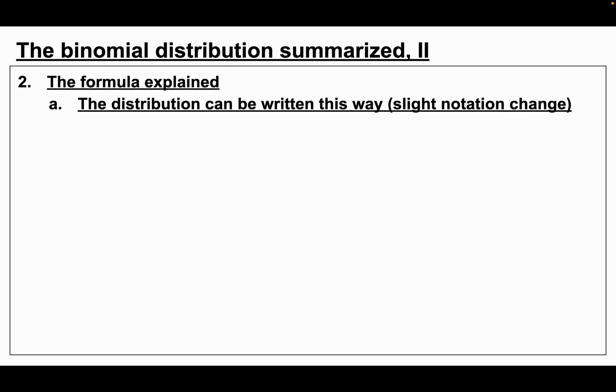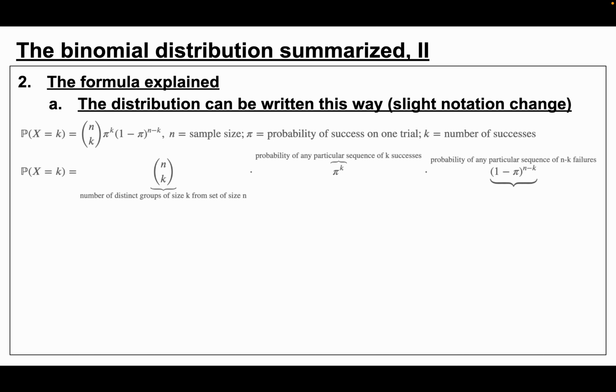So why is the formula written the way that it is? And you'll note here that I'm again going to use the slight notation change of using pi in place of little p, because I think it's actually less confusing than having little p around. So the binomial distribution has a probability mass function that is this.